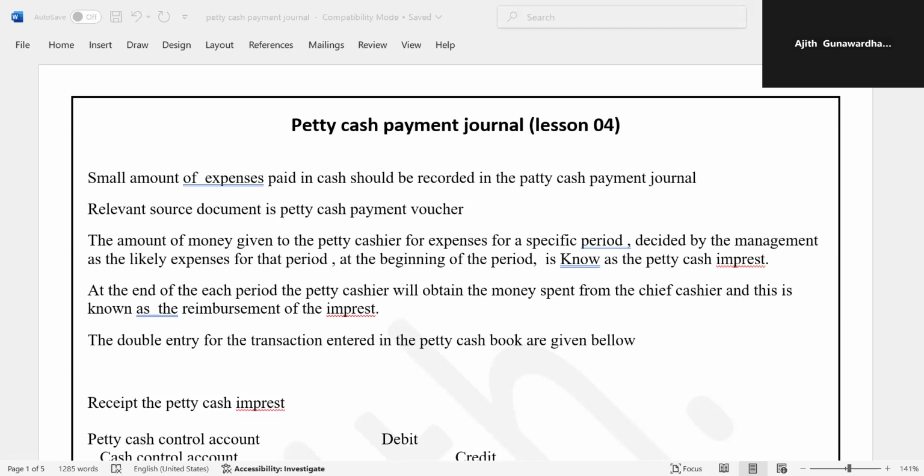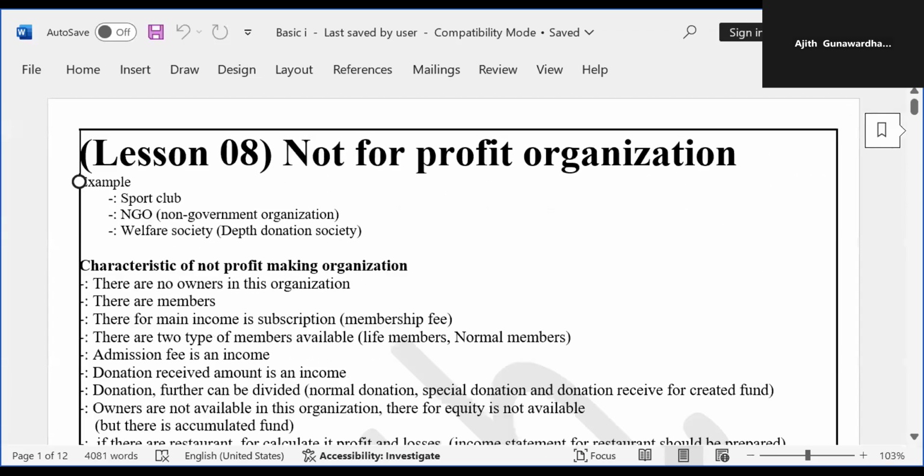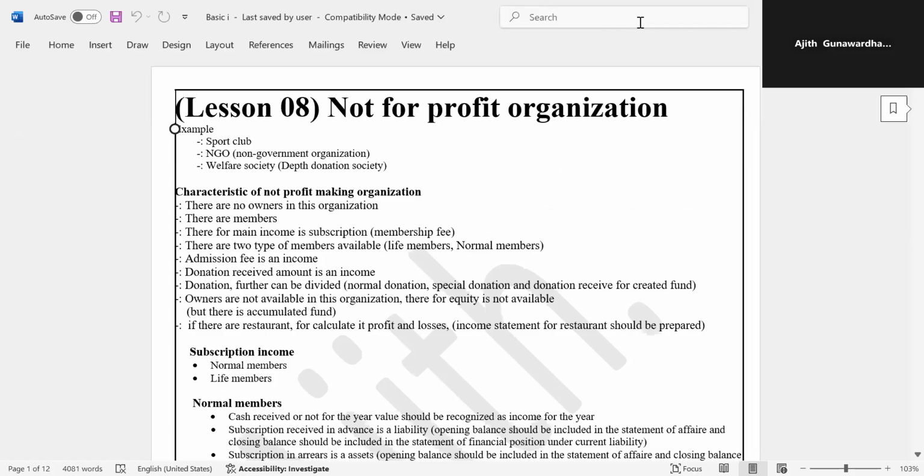First is the format. This is the format I have given from the beginning, in the primary books dues. It includes the format for the petty cash payment journal.